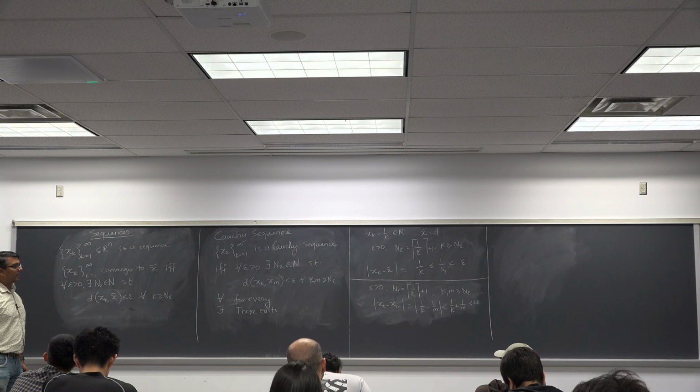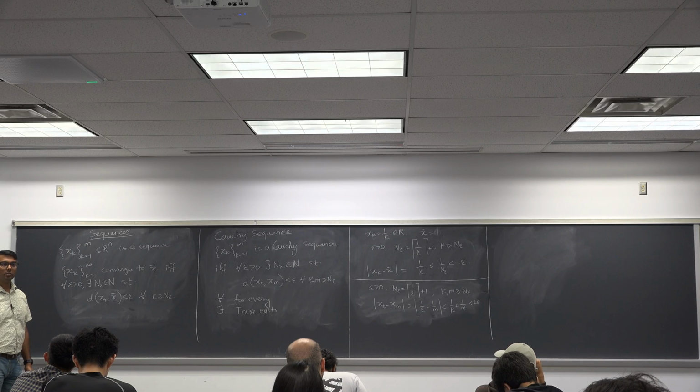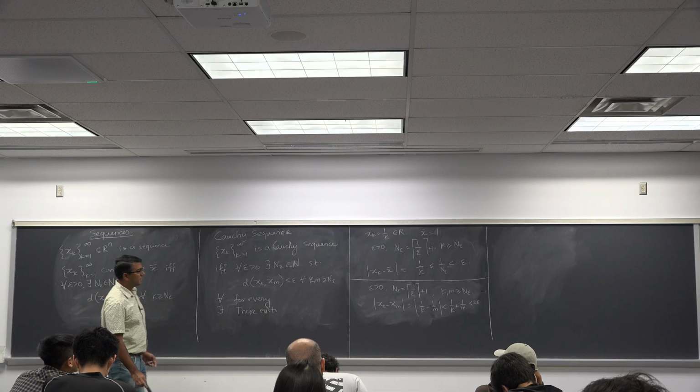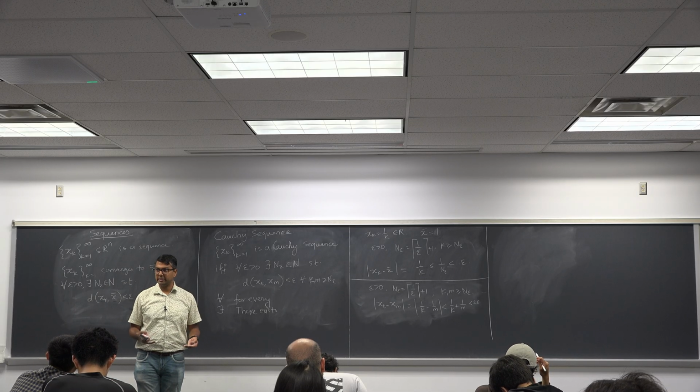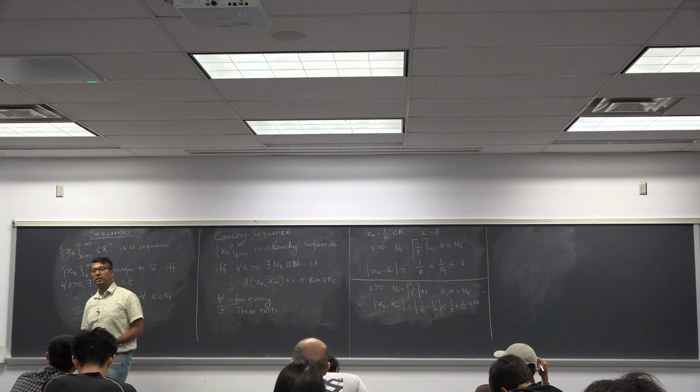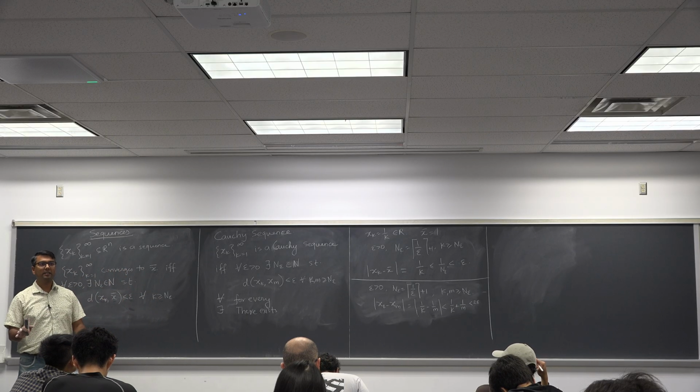So whenever we are running an optimization algorithm, we are always looking for signals of a Cauchy sequence. Whenever we see evidence that the sequence the optimization algorithm is generating is a Cauchy sequence, we are done. We know that it's converging to something.